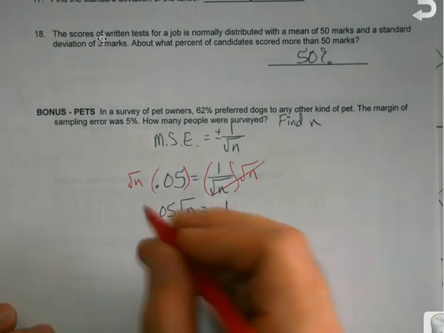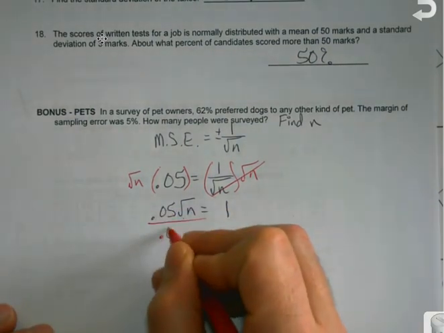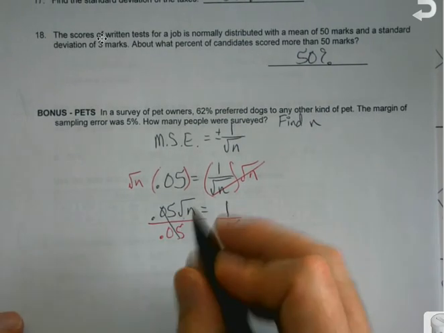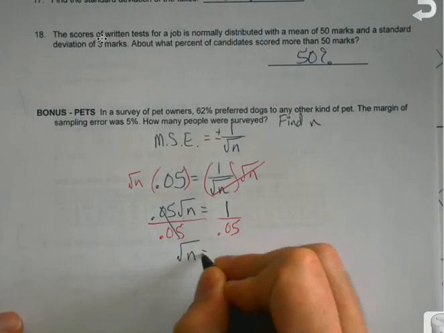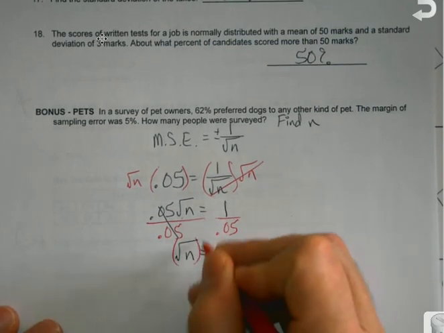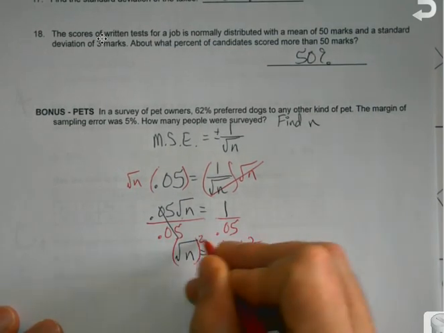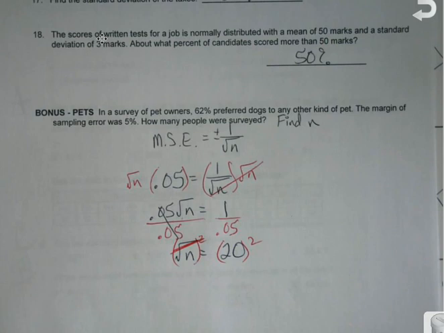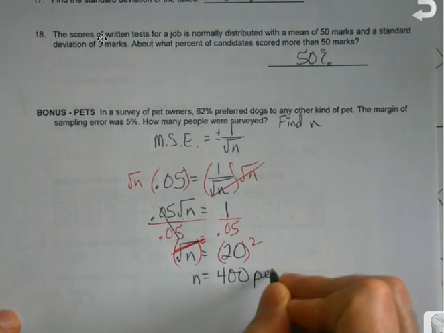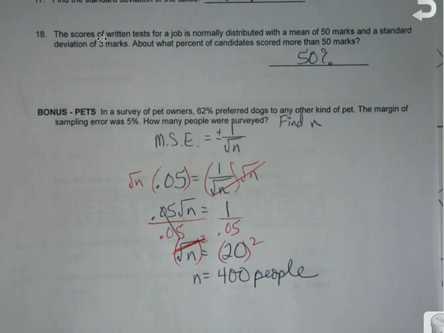Okay, so next I got to get the 0.05 off of there. So we're going to divide by 5/100ths. We're getting there, folks. We're almost there. Square it. Because I got to get rid of the radical over here. And to get rid of the radical, we'll do the opposite, square it. And we find out 400 people got surveyed.